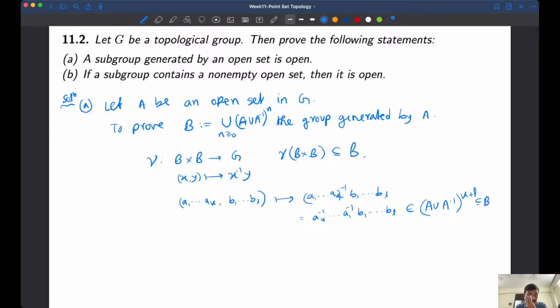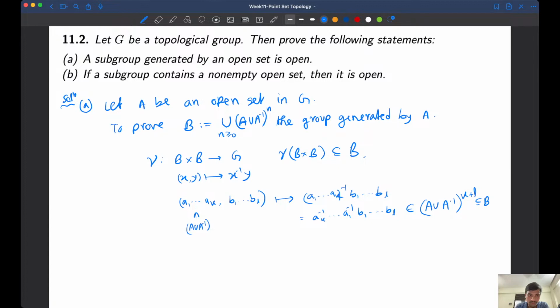So a1 through ak and b1 through bl, so this is an element that belongs to B, so it belongs to some power of A union A inverse. I pick this, which belongs to (A union A inverse) power k, and this belongs to (A union A inverse) power l, and I just multiply, I see that this belongs to (A union A inverse) power k plus l.